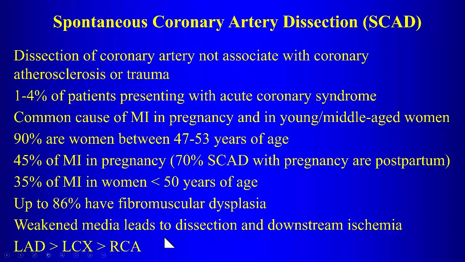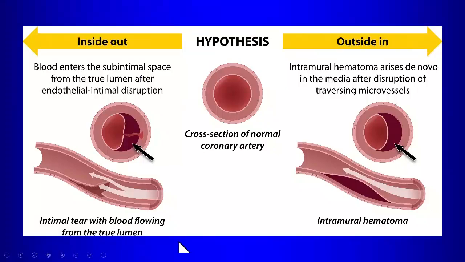Okay? So the weakened vessel leads to dissection, downstream ischemia. LAD is the most common vessel, followed by the circumflex, followed by the right coronary artery. The theories for this are that there might be an intimal tear in the vessel, just like with the aorta, and then you get the dissection.